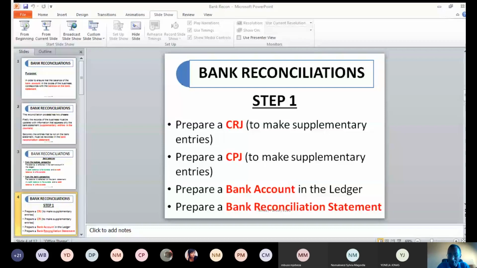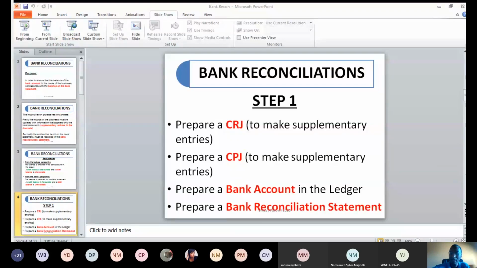So now in step number 5, guys, we have completed our cash receipts journal. We have updated our cash payments journal now. We are now going to prepare a bank account in the ledger. So if we prepare now a bank account in the ledger, you start the bank there with your opening balance in your bank account.